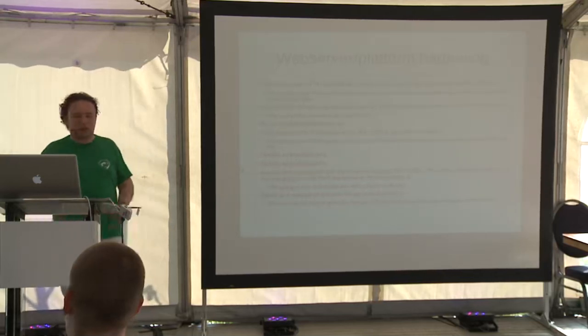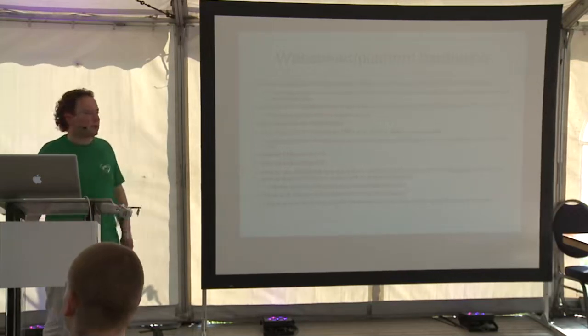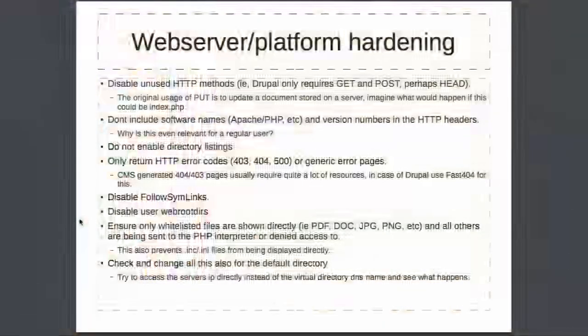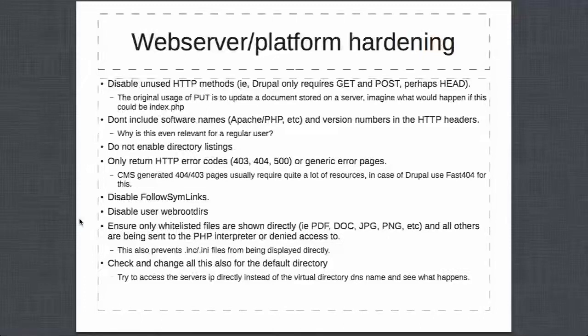So they will generate a 403 or a 404 message. But if you have this generated out of your CMS instantly, then you're using a lot of resources because the CMS has to bootstrap, it has to connect to the database, it has to do a lot of actual work to simply output that a page is not there.